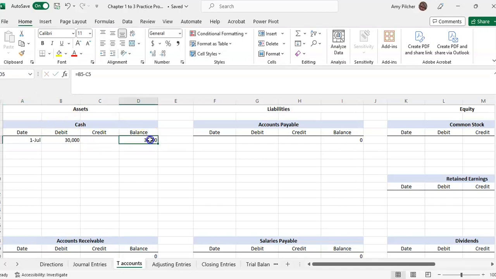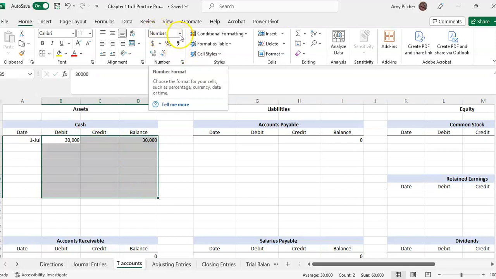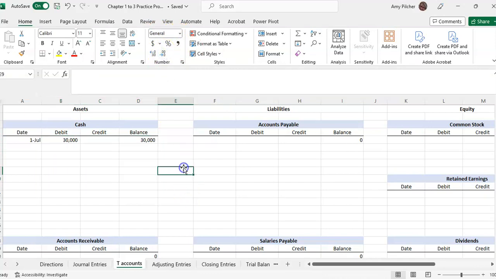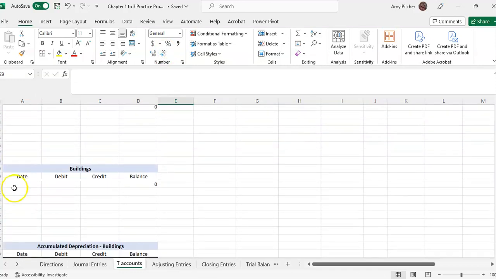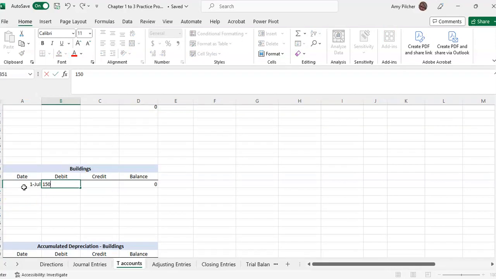I'll format all of these as a number with no decimal points. We have a building. So we're going to debit buildings of 150,000.